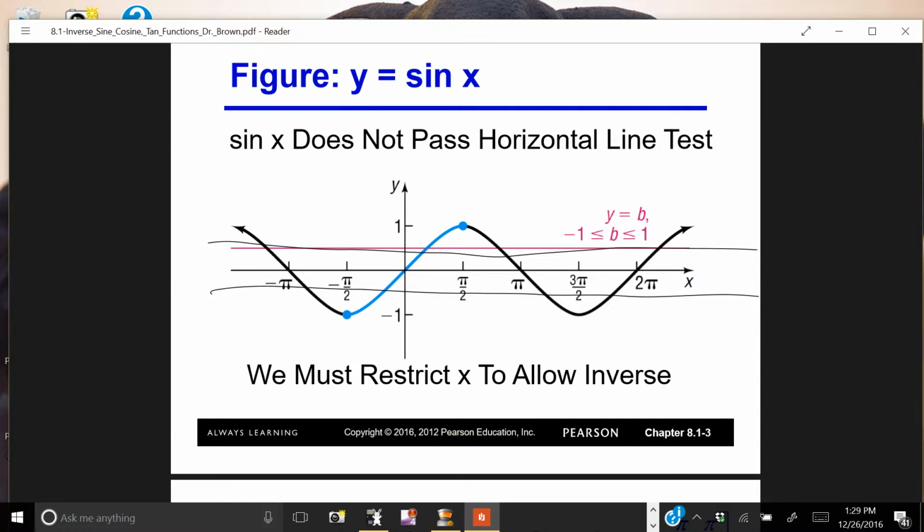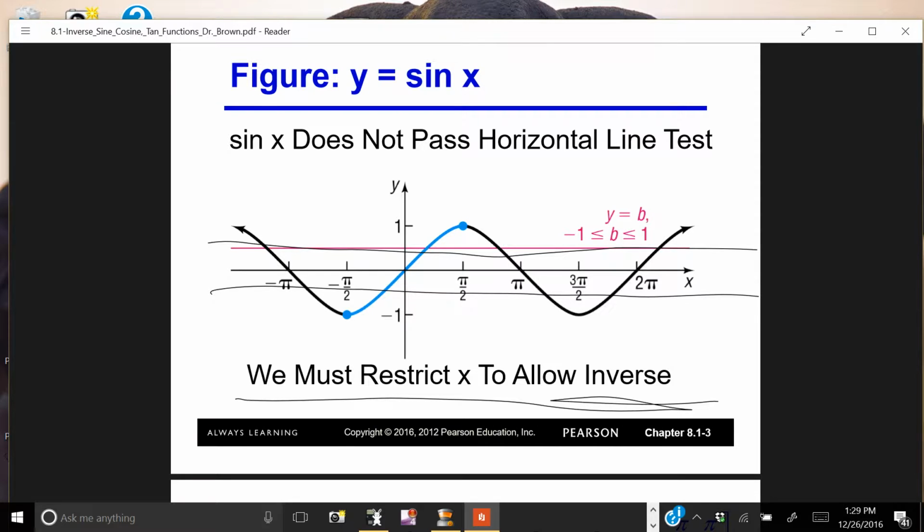It can have an inverse function only if it passes the horizontal line test. So we must restrict x to allow an inverse function to be defined and calculated.